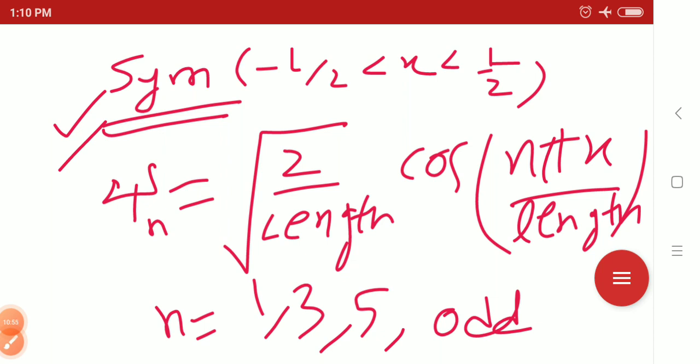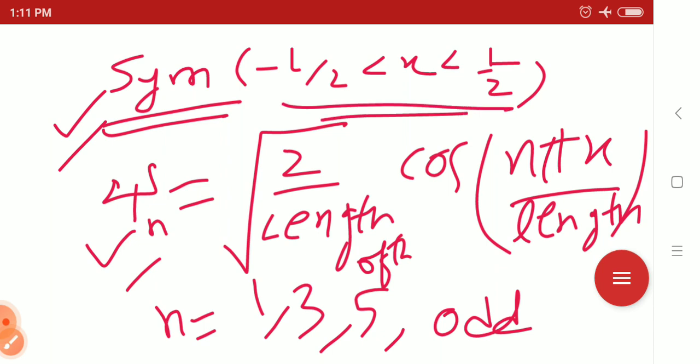When n equals odd values, meaning 1, 3, 5 and so on, the wave function of the symmetric square potential will be psi n equals root over 2 by the length of the box. Suppose the length is L here.